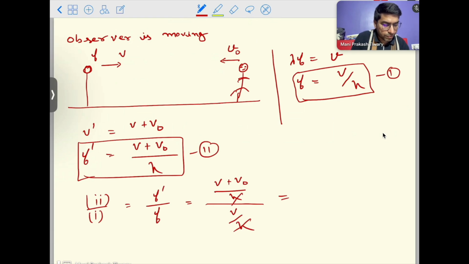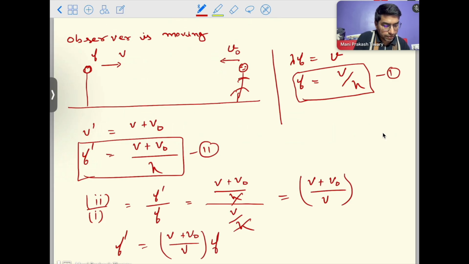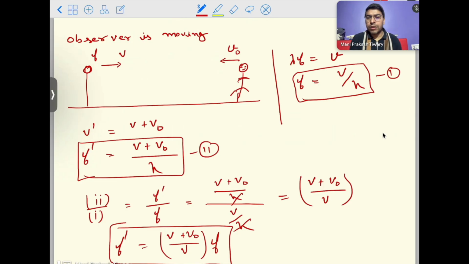Here we will get V plus V naught divided by V, right? And this is equal to F dash by F. So from here we can write F dash is equal to V plus V naught by V into F, right? So this will be the frequency of sound that the observer will feel, right?